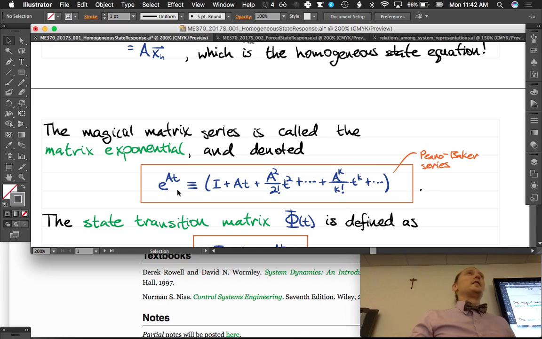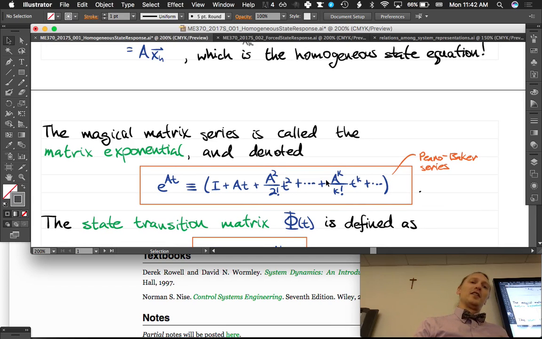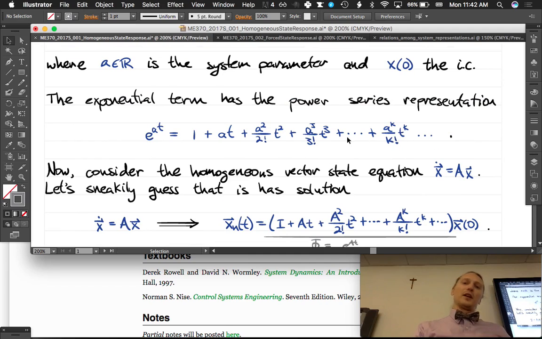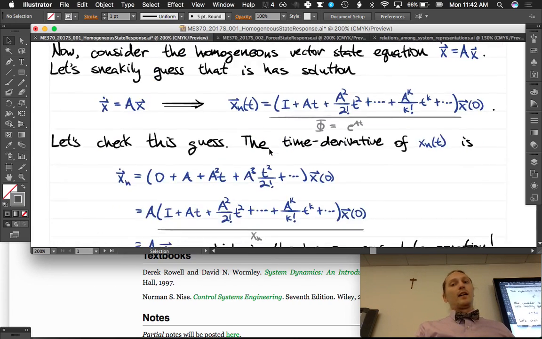That only works in a special case. So in general, this is defined as being this series, just like the scalar exponential is defined as being this series. So it's a very similar series.